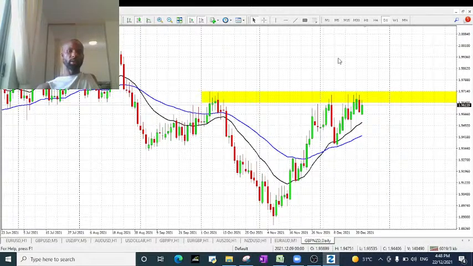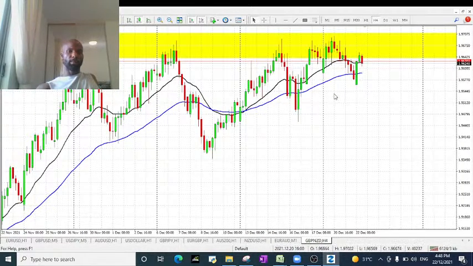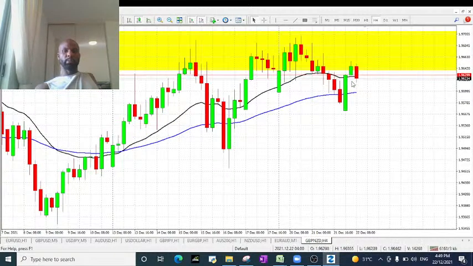Okay, we might have a good sell opportunity in pound New Zealand dollar. But the spread is crazy though. So we hit a major zone and now the market is selling off.